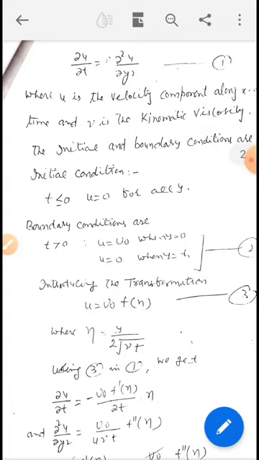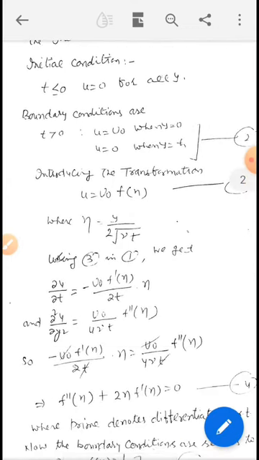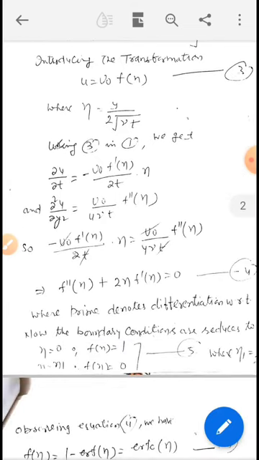Introducing the following transformation, u equal to u0 f(η). This is equation number 3, where η is equal to y upon 2 root (ν t). Using equation 3 in 1, we get f''(η) + 2η f'(η) = 0.